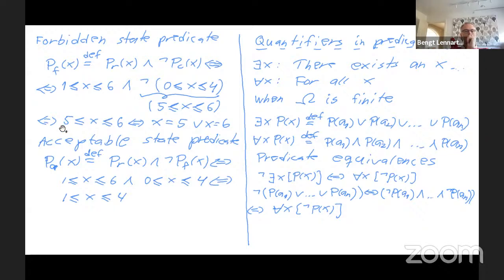Sorry, there's something wrong here. It's not equivalent here. It's the opposite. No, okay, sorry. Yes, we are defining now the forbidden states.